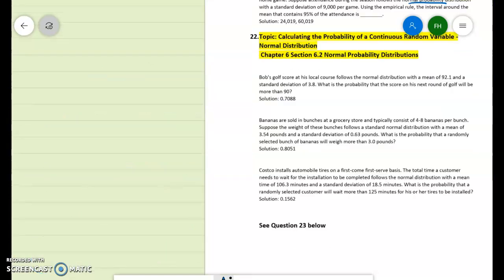We're going to have to do the normal distribution, the probability, and it's continuous, and the mean is 92.1, and the standard deviation is 3.8.